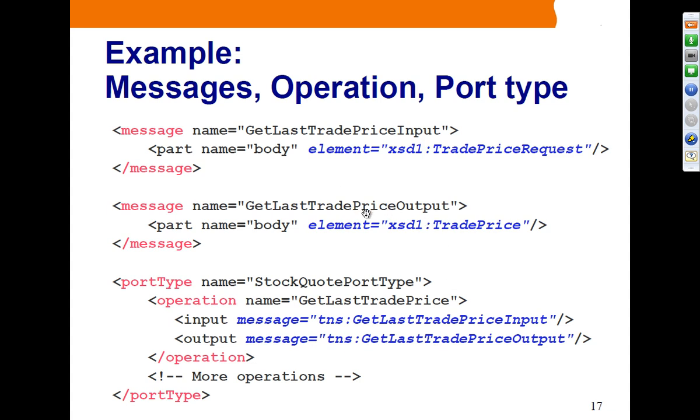So now even machines know that this message is used for the request and this message is used for the response. There could be multiple operations, but in our example we have a single operation made up of an input message and an output message.